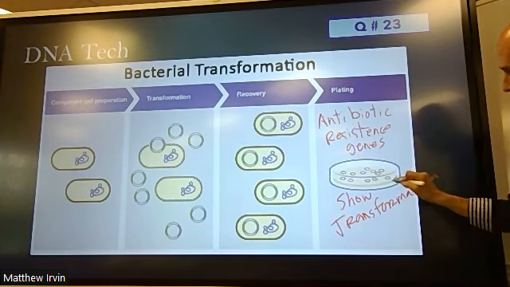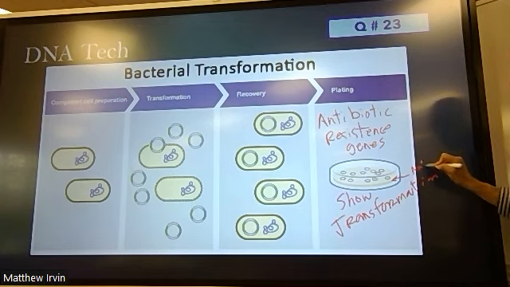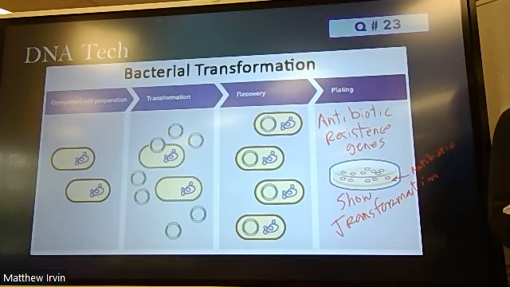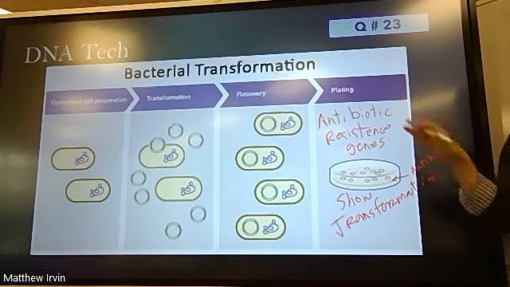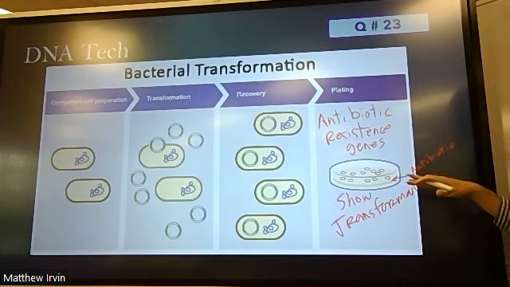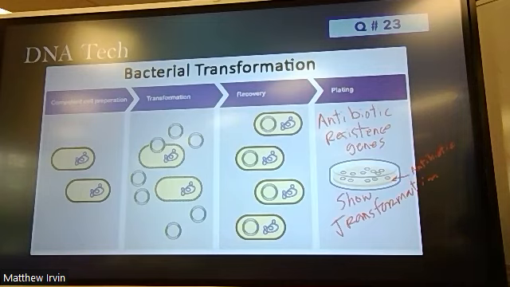The antibiotic is in the agar. And so actually, if you didn't have the antibiotic resistance gene, nothing would grow. So you need that antibiotic and you need the antibiotic resistance gene so that only the things that have been successfully transformed grow. Otherwise, it's a needle in a haystack.